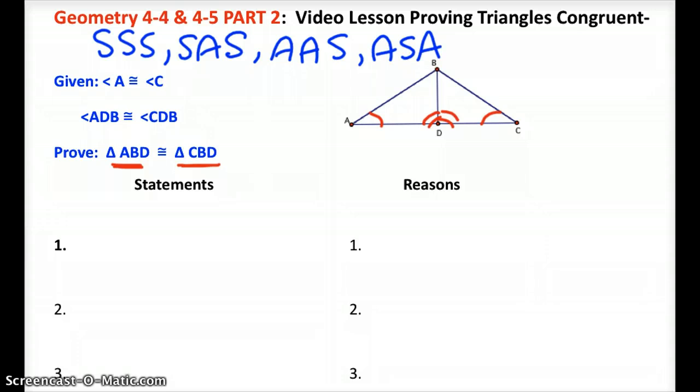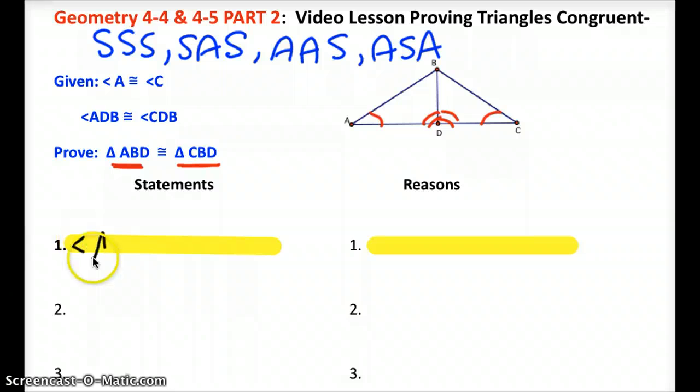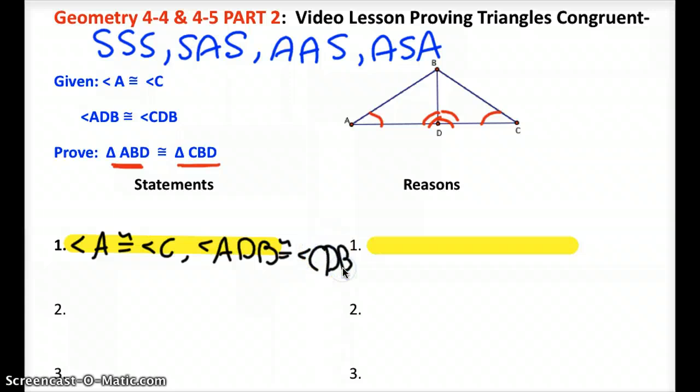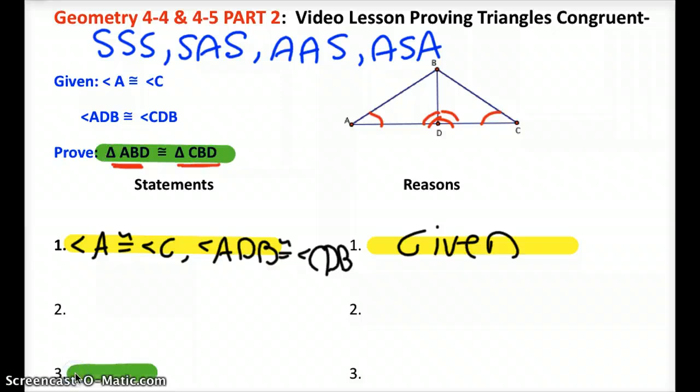You know that in step number 1, when you do a proof, is the given. So we need to write down our given, angle A congruent to angle C, angle ADB congruent to angle CDB, and that's given. You also know that at the end of a proof, you always have your prove, so you should have that written down there too.